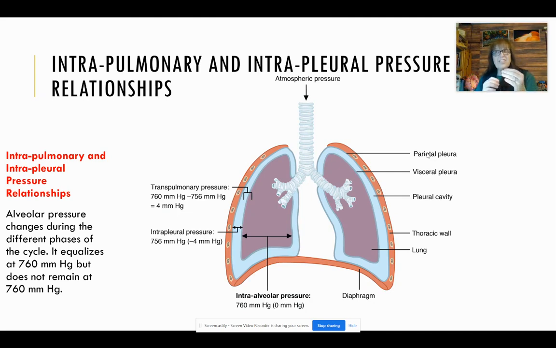Now, remember, surface tension is water molecules sticking to other water molecules through hydrogen bonds, right? So we have this surface tension of the water that's making up the alveolar fluid, which also creates this inward pull on lung tissue. Now, again, that's related to hydrogen bonds. Remember, our lungs produce this surfactant.